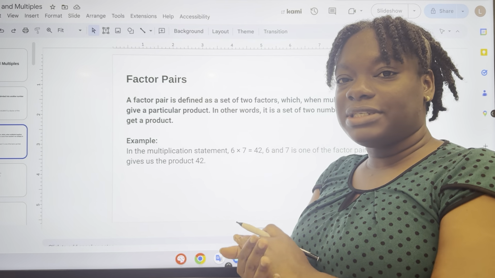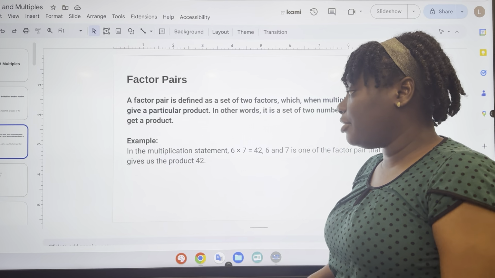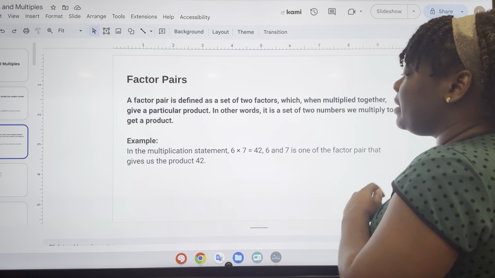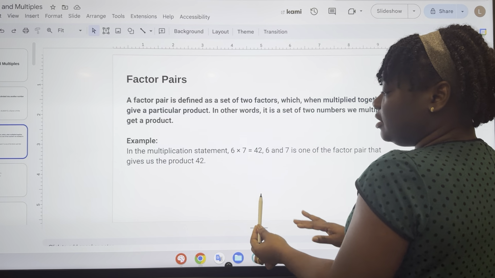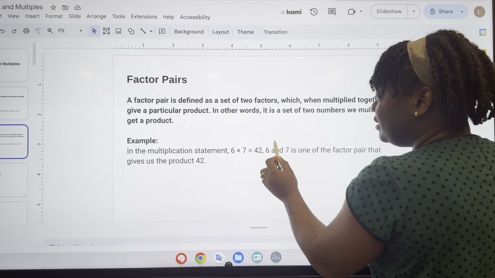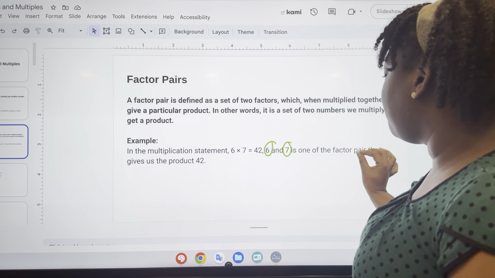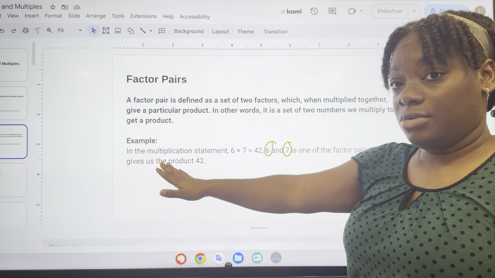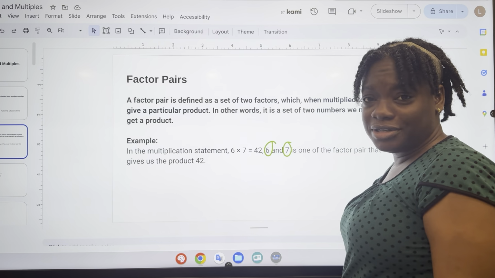So those 2 numbers that we multiply to get the product, those are called the factor pairs. All right? In the multiplication statement, 6 multiplied by 7 is equal to 42. 6 and 7 is one of the factor pairs of 42. All right? Let's see if we can list some other factor pairs of 42.